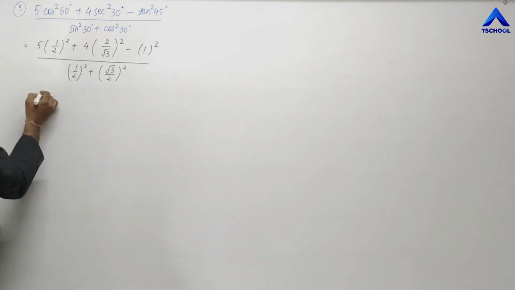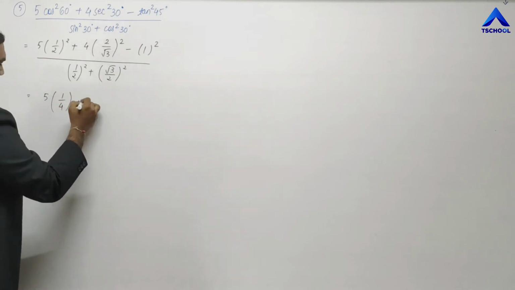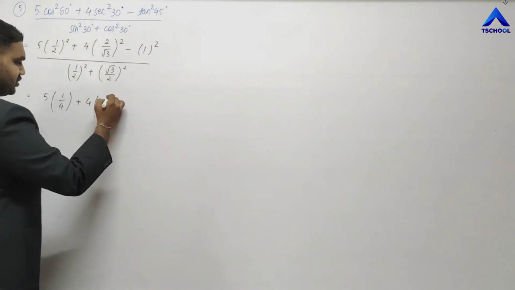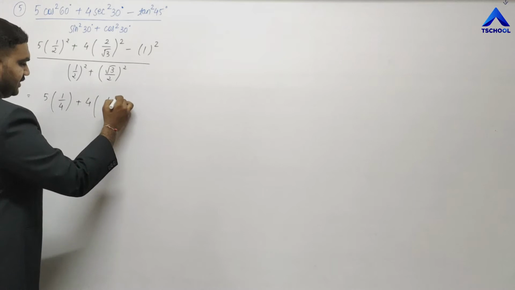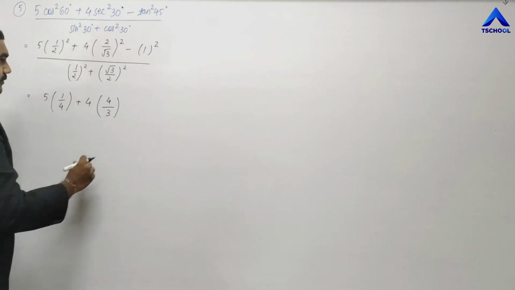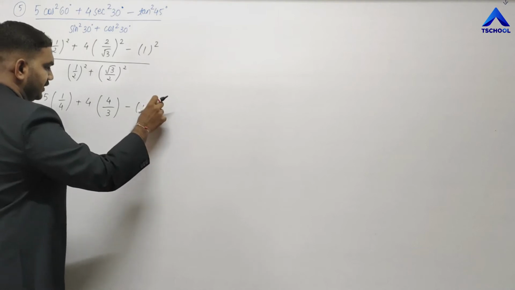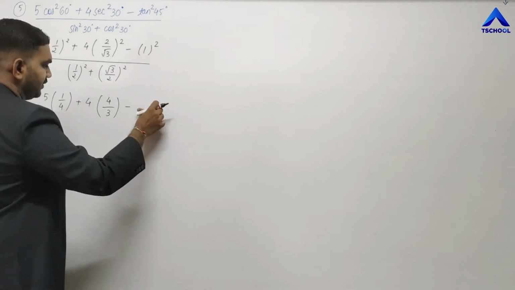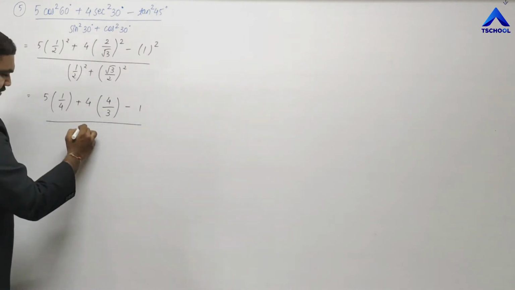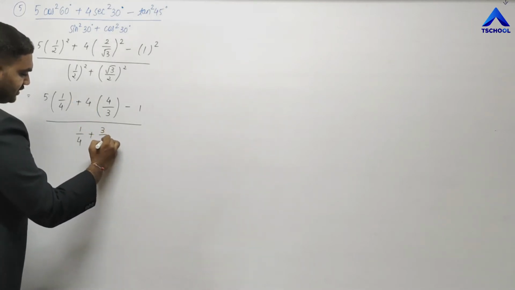Let us simplify. So that is 5 into 1 by 2 whole square, that is 1 by 4, plus 4 into 2 by root 3 whole square. So 2 square is 4 divided by 3, since root 3 square is 3. So that is 4 into 4 by 3, minus 1 square, that is again 1, whole divided by 1 by 2 whole square, that is 1 upon 4, plus root 3 by 2 whole square, that is 3 by 4.